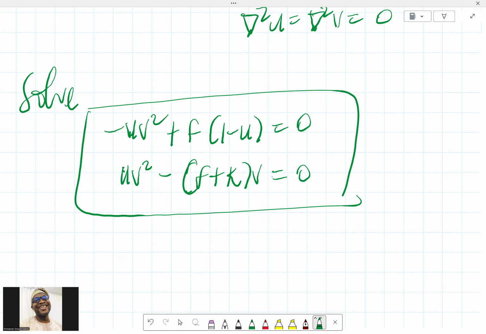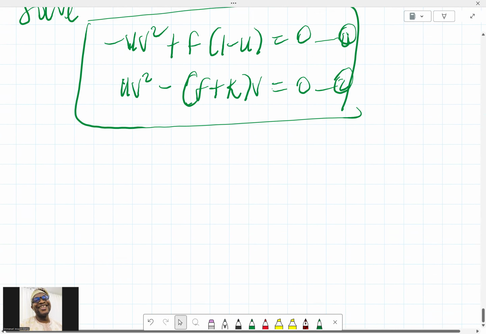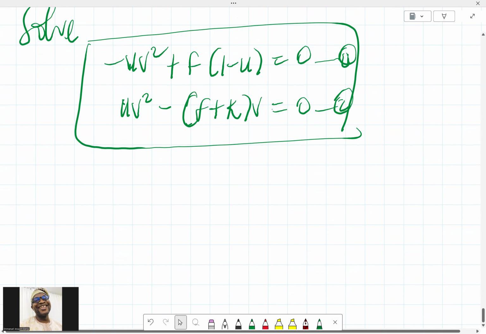So this is what we want to solve. Now this is equation 1, if you like, and this is equation 2. So again, it's easy. We can just add, and then the uv terms will go. Is that the best strategy to use here? I think so.